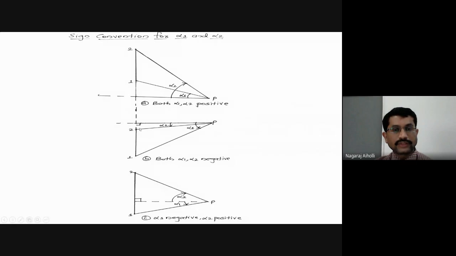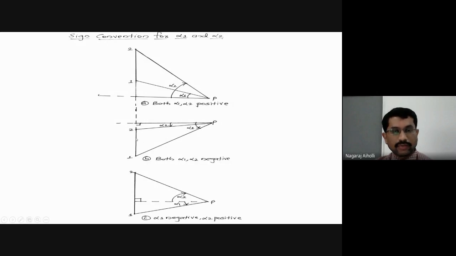Now if we look at the second figure, point P is here, and this is the finite length conductor. It has the lower end, that is point 2, and a still lower end, point 1.